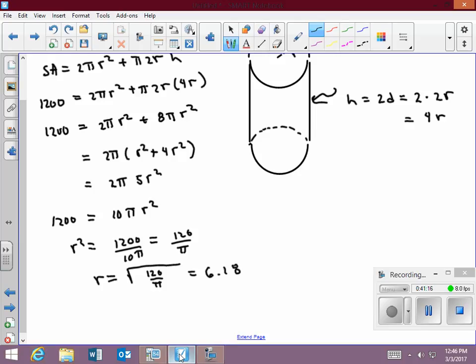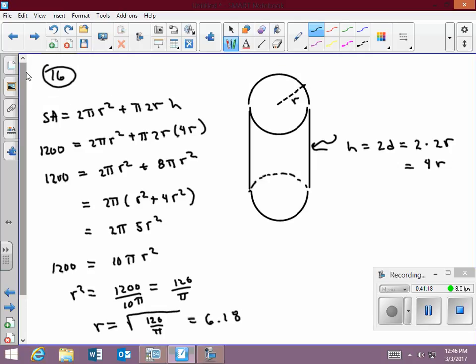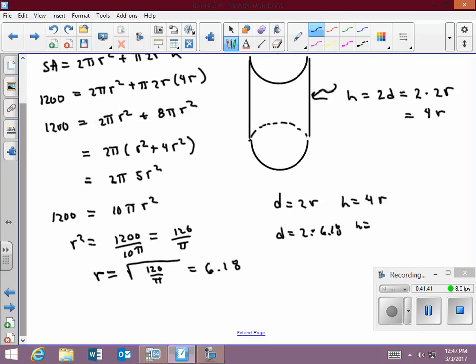So by substituting in, the diameter is 2r and the height is 4r. So the diameter is going to be 2 times 6.18 and the height is 4 times.